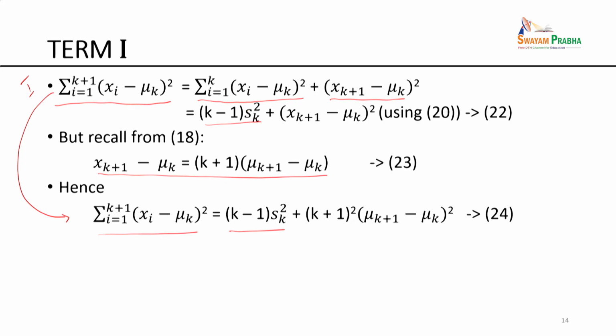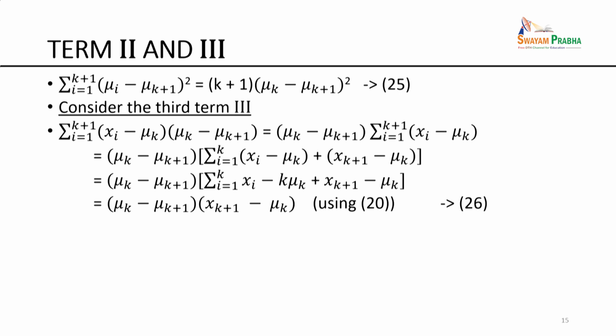So if I substitute this in here, that becomes this quantity. So xk plus 1 mu, this term is essentially the term in here. You substitute this, you get this quantity, which is equation 24.